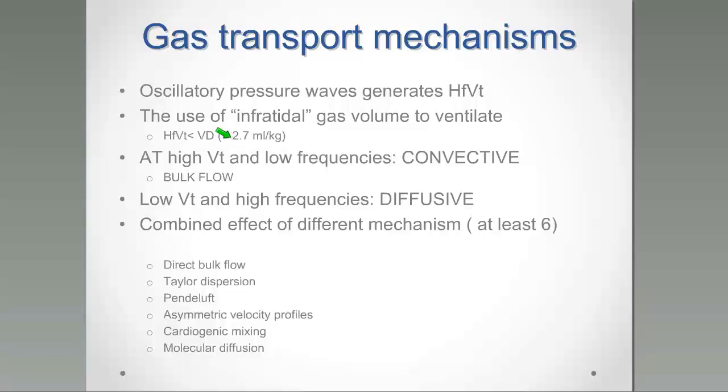If we are using a very high tidal volume with low frequency, then the convective and some bulk flow mechanisms are going to predominate. But if we are using very low tidal volumes at a very high frequency, as in the case of high frequency ventilation, the most important mechanism is diffusive gas transport.